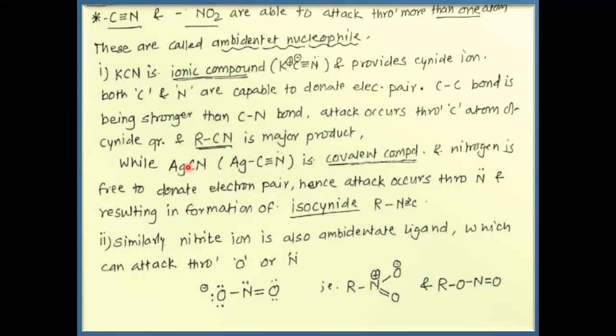While silver cyanide is a covalent compound, nitrogen is free to donate its lone pair of electrons. Hence attack occurs through nitrogen and the resulting product is isocyanide.